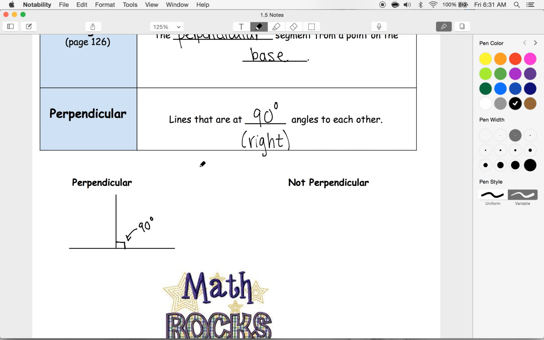Okay, that's a corner. So if you ever want to test something, grab an index card, grab a piece of paper, see if it lines up with the corner because those are 90 degrees. Something that is not 90 degrees is something that doesn't go quite straight. See how here? Not a straight corner.